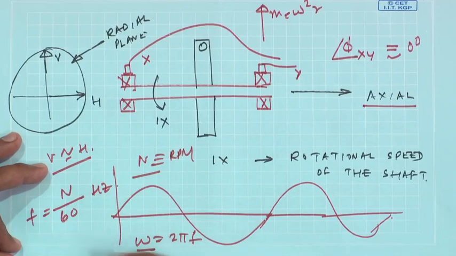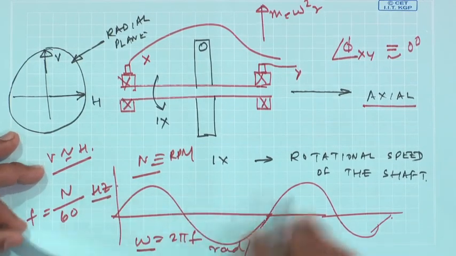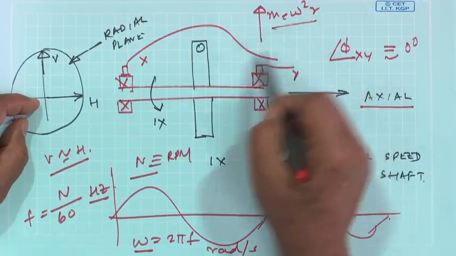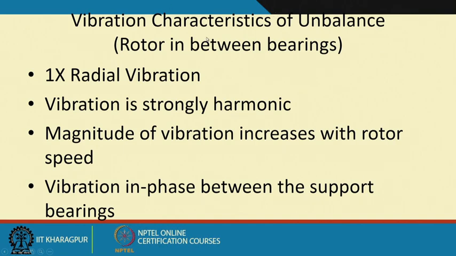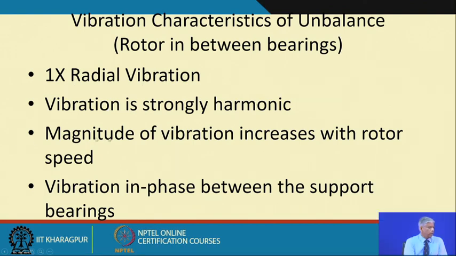So, N, omega in radians per second or f in hertz, they are all related, and the forcing function is the external force which is occurring at a frequency. Omega is responsible for this vibration x and y on the bearing. So, the characteristics of unbalance in a rotor in between bearings is strong 1x radial vibration, vibration is strongly harmonic, magnitude of vibration increases with rotor speed, and vibrations are in phase between the support bearings.